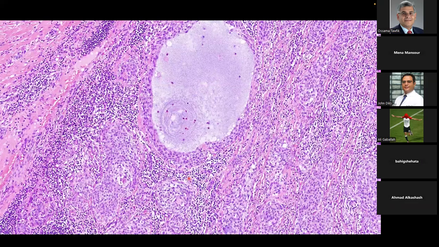On higher power, again, you see all these lymphocytes, a lot of fibrosis, and then you have this kind of, it doesn't look like thyroid, right? It doesn't have follicular architecture, but you have those squamoid nests right here, a little squamoid nest with mucin inside, or I don't know if it's like colloid or something.